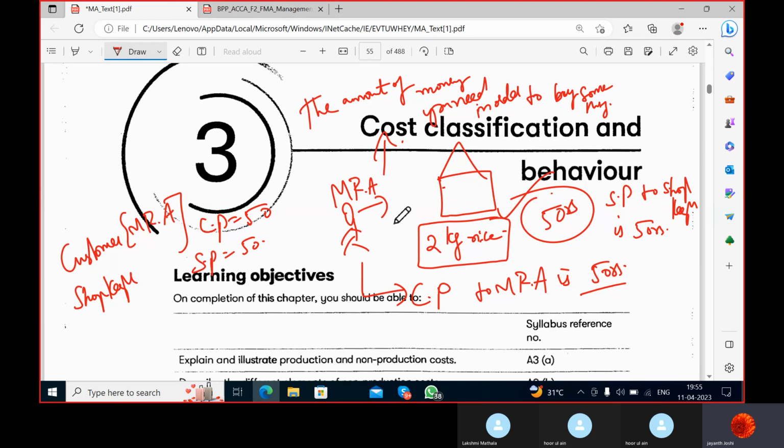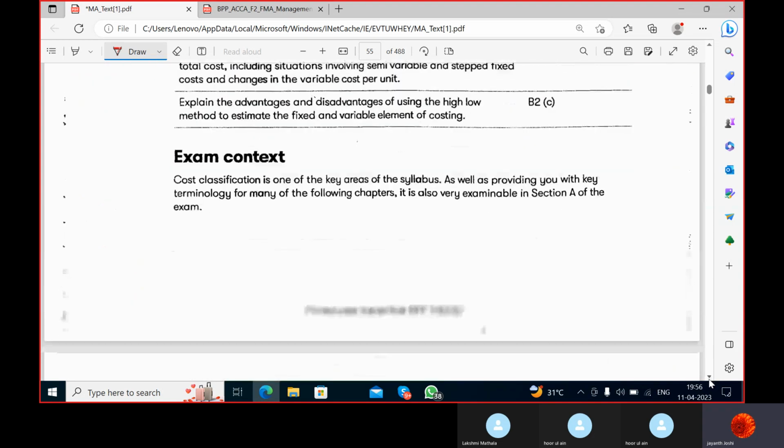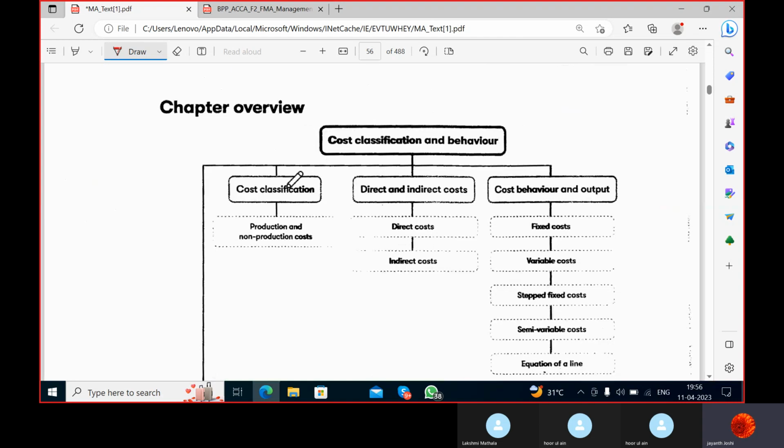Now we will see the classification of cost and the behavior, how cost behaves. So here in cost classification, there are two types of cost you will be seeing. One is production cost and one is non-production cost. Production cost is nothing but the cost which you incur on the production process, whether directly or indirectly. And non-production costs are such costs which you will never incur on production, which will be for non-productive activities. Generally, these are for service activities or back-end activities.